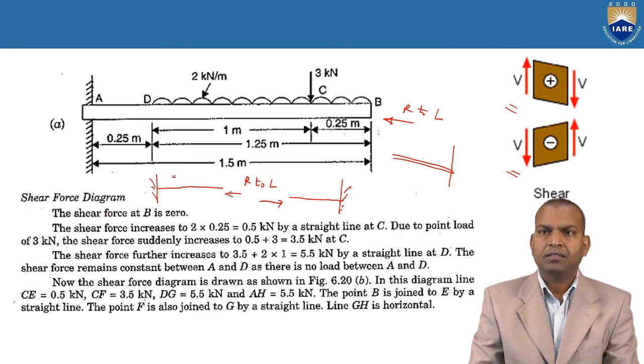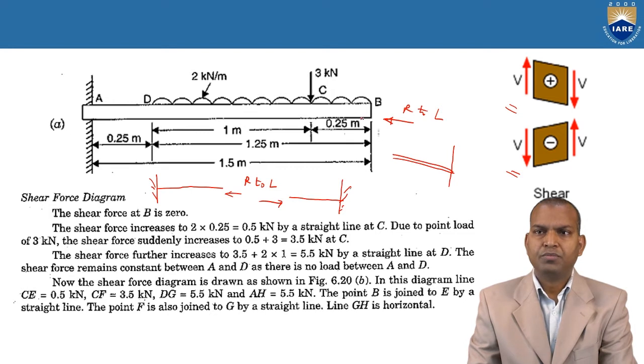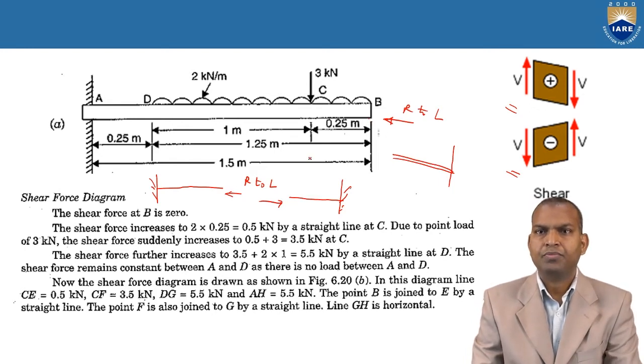Now let us begin. What is the shear force at point B? There is no load acting there, so the shear force at point B is 0. Now, what is the next point?